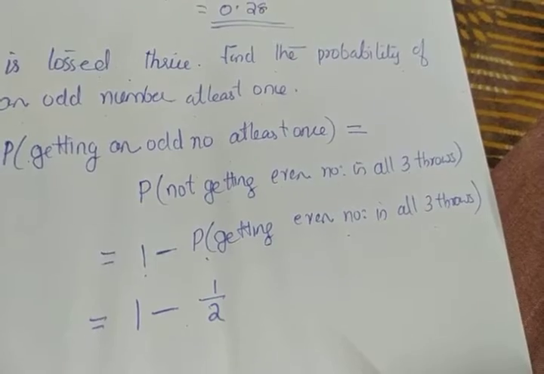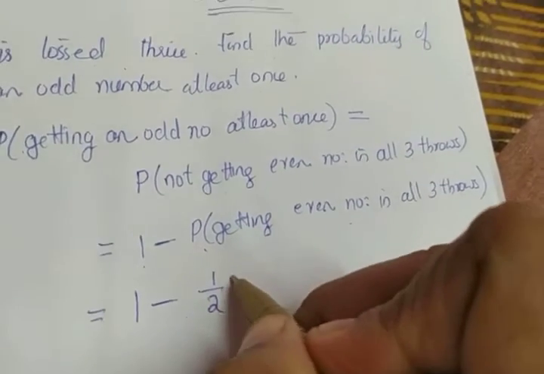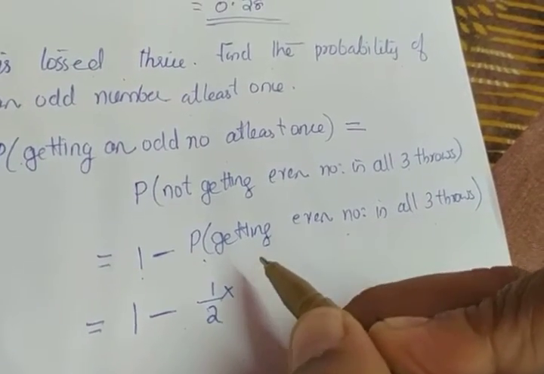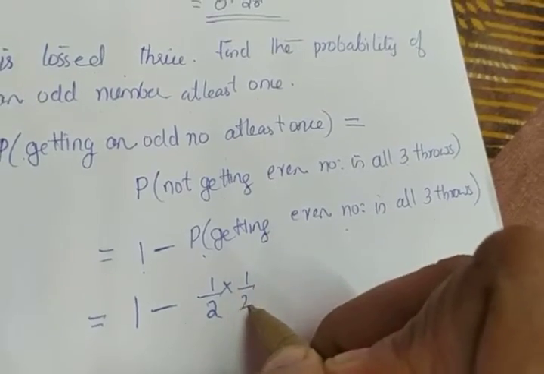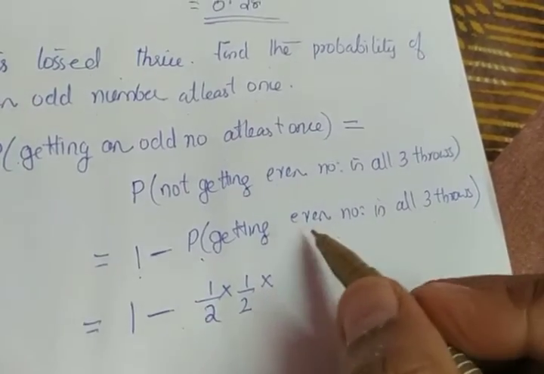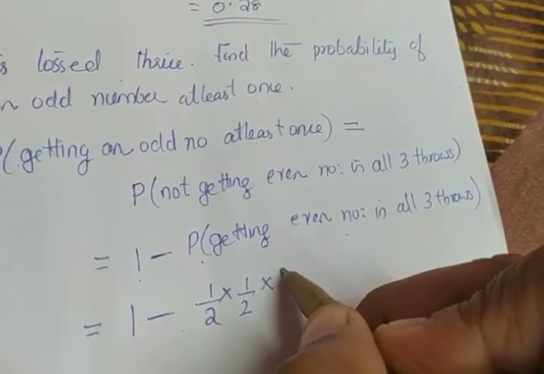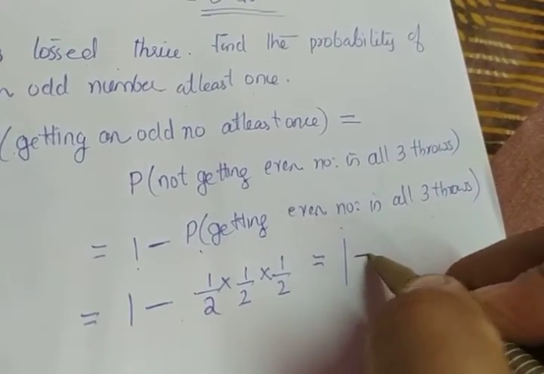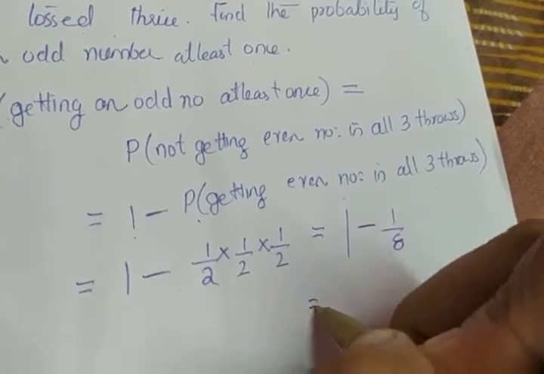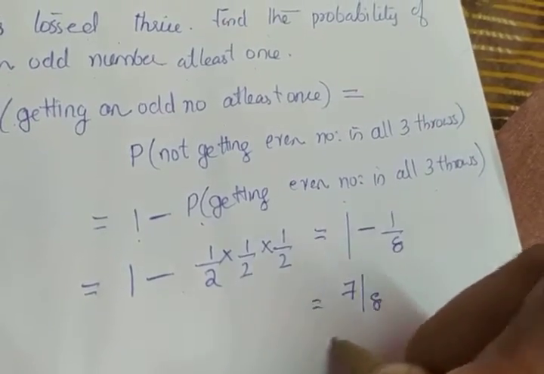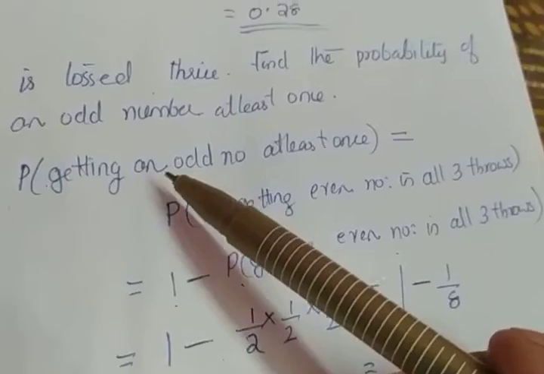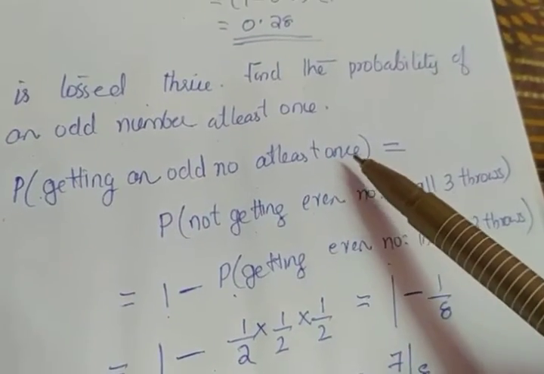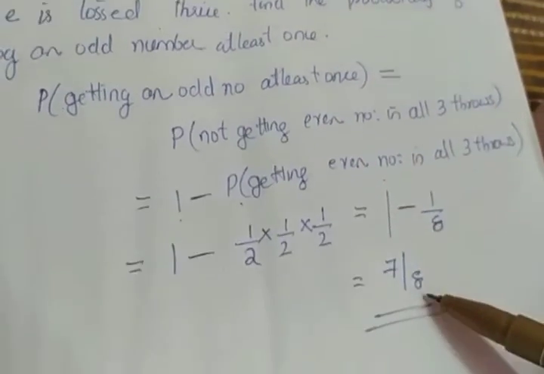So 3 by 6, which gives you 1 by 2. In the second throw also, the probability value is 3 by 6, which is 1 by 2. And in the third throw, to get an even number, the probability is 3 by 6, which is 1 by 2. So what is our value? 1 minus 1 by 8, which gives you the required probability as 7 by 8. So the probability of getting an odd number in at least one throw is 7 by 8.